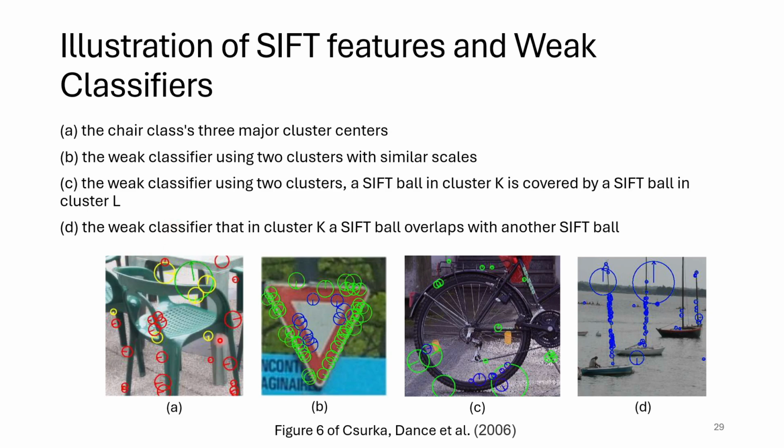for the chair class, they ask what are the major cluster centers that the chair class features will belong to. So they labeled and show us three major cluster centers: the red, yellow, and the green circle. So what does it mean?